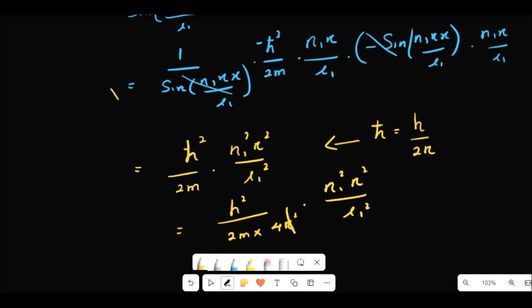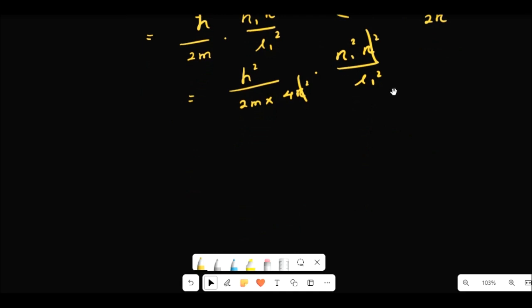This pi squared is going to cancel out with this one, so I'm left with n1 squared h squared over 2m L1 squared. So the 4 will multiply by 2, giving 8. Here I got the first energy component with respect to x.